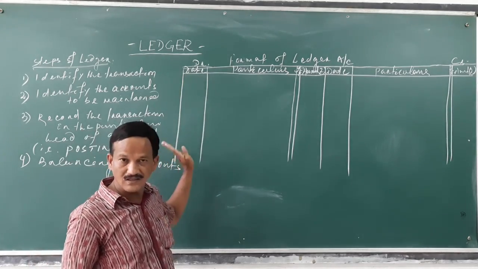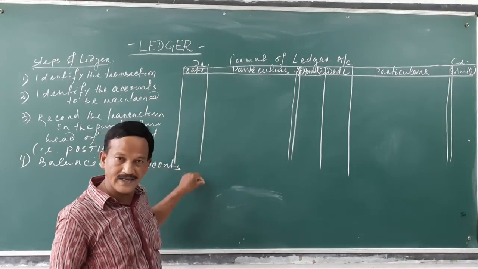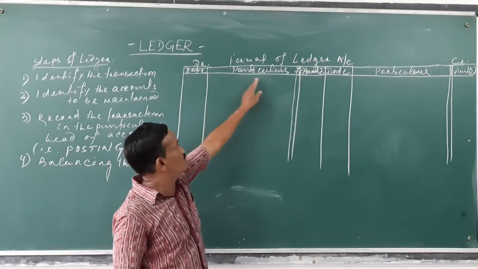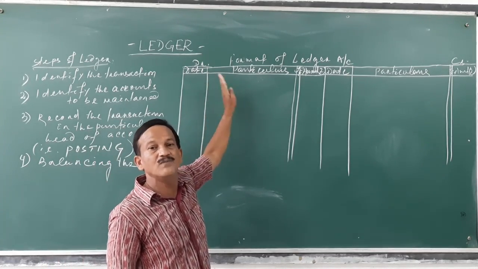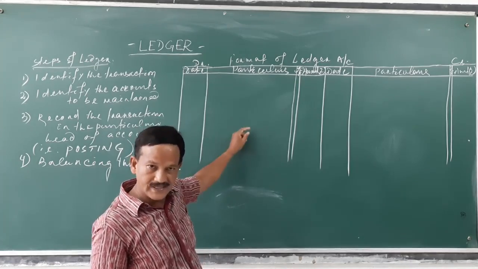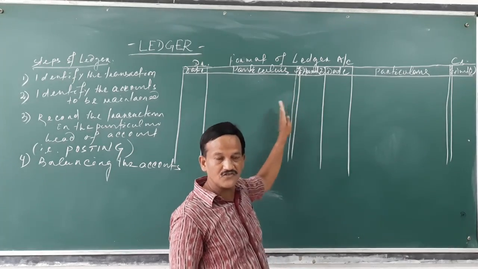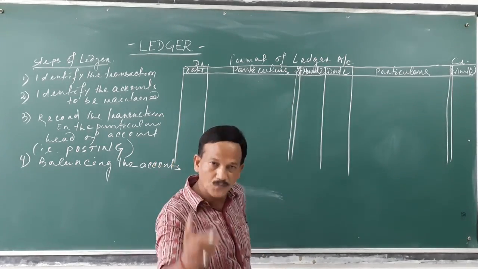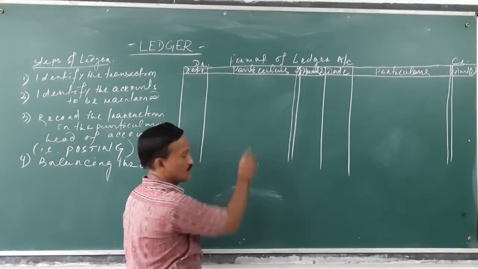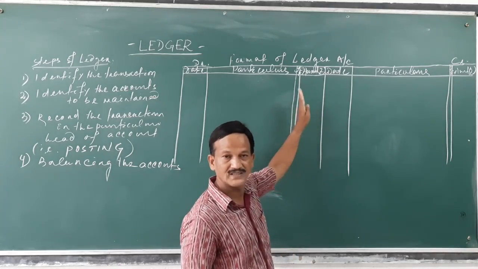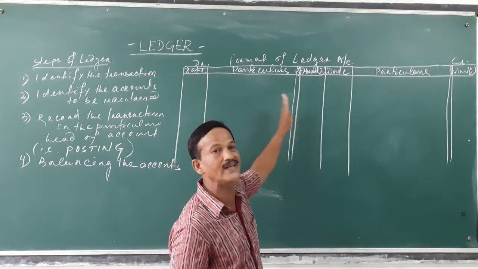As in the journal, you record the transactions date-wise: first year, then month, then date. Then particulars, that is the name of the account to be debited. Then the journal folio column, the reference page number of the journal book on which the transaction is recorded. Then the amount column, where the debit amount is recorded.